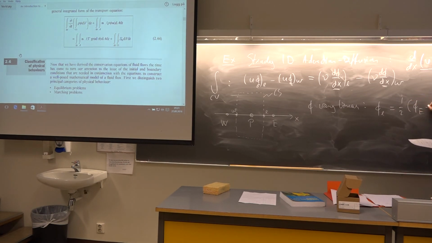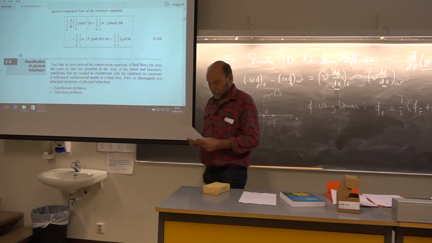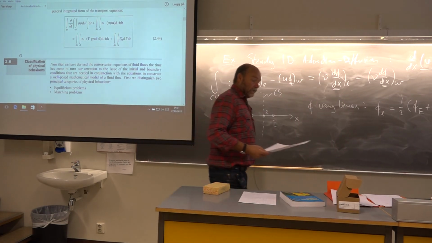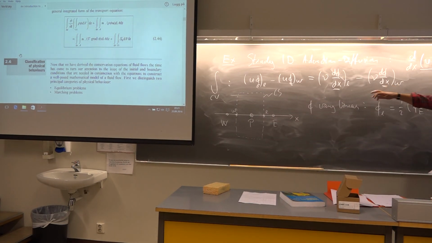Phi east plus phi center point. Same with the western point. And for the derivative, for these guys, well, we are going to need d phi dx at the point east. We then approximate it with phi east minus phi center point divided by the distance delta x between them.